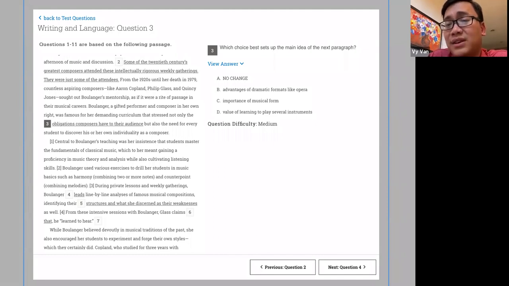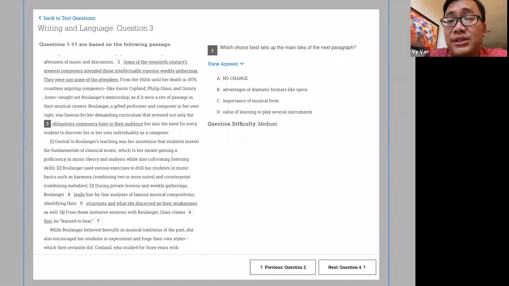So the main idea of this paragraph is her focus on music theory and skills. She wants her students to build skills and knowledge before doing anything else. So we want to go through the choices to see which one is really relevant to that main idea.